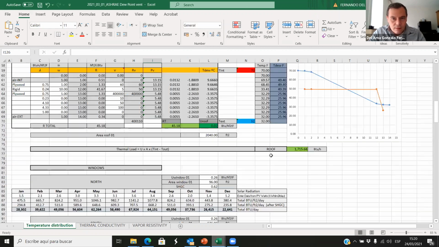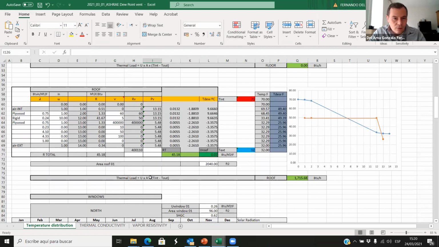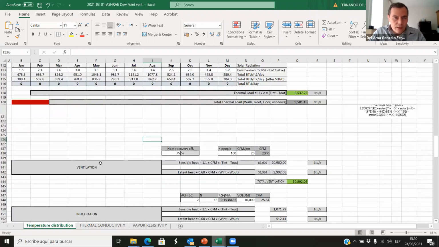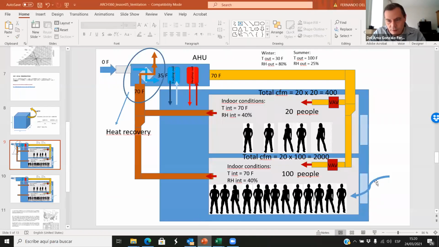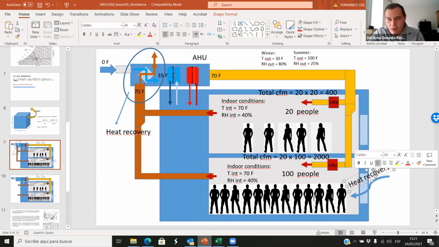So with this file, we have the heating or cooling loads from the roof, the walls, the floors. We can calculate the ventilation load, but there's a component about infiltration load. So what is this infiltration? It's the air that enters through the windows. Well, not through the window, but through the cracks of the building.